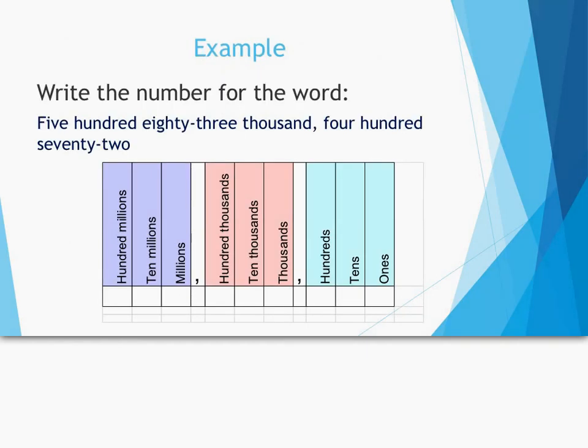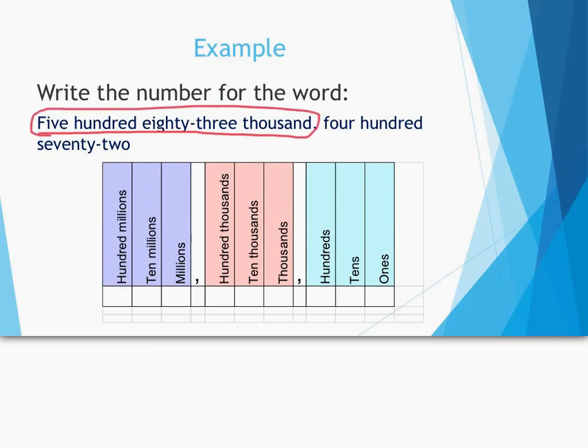Write the number for the word. 583,472. We can use our place value chart to help us out. Because if you'll notice, it says 583,000.